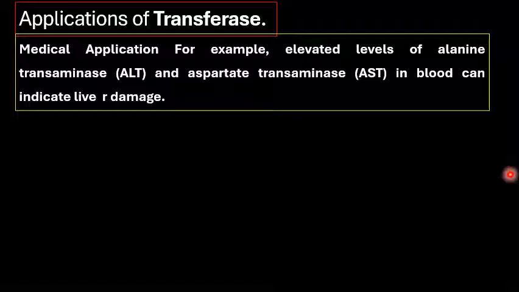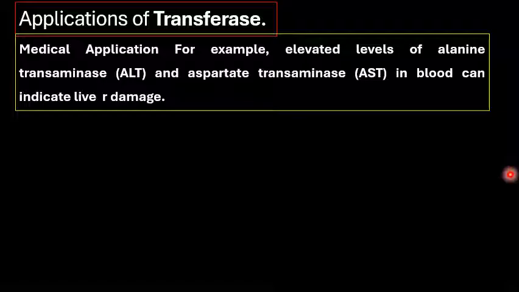So increased production of the enzyme by the organ affected can be a response to disease. So the enzyme can react by being produced in higher concentration.